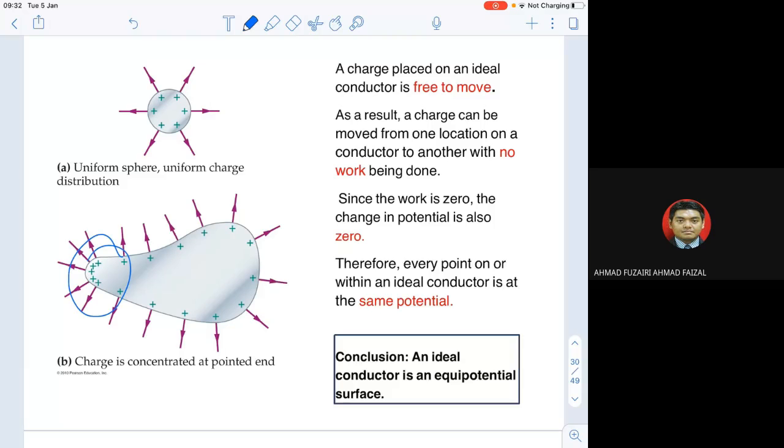But when we have a uniform or symmetrical thing, like a uniform sphere, the charge will be distributed equally, like this.